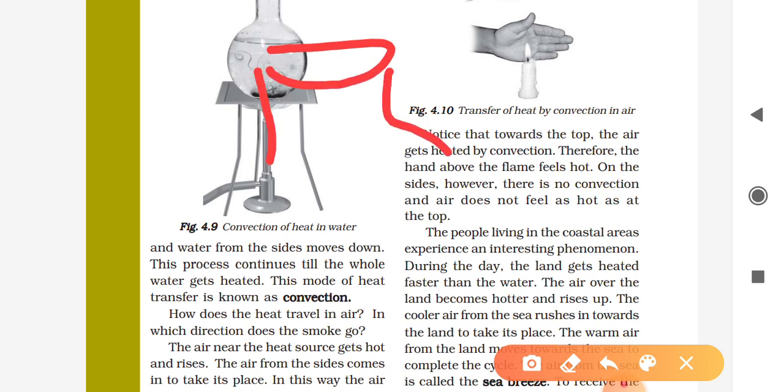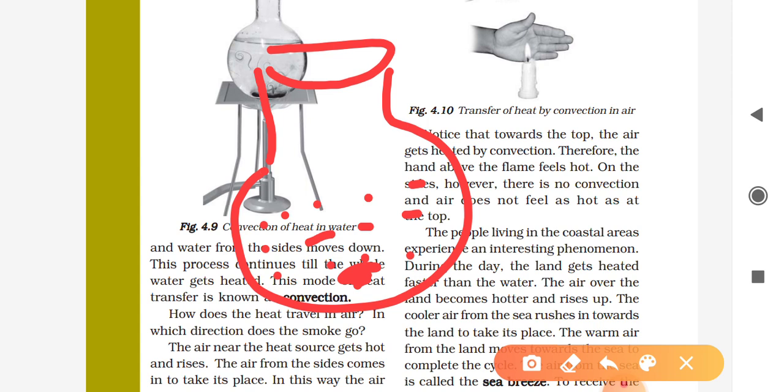See here in this flask, suppose here is the water. Here is the potassium permanganate. Why did we add potassium permanganate? You can see it is pink in color. When you heat it, you can see the pink bubbles go in the upward direction.